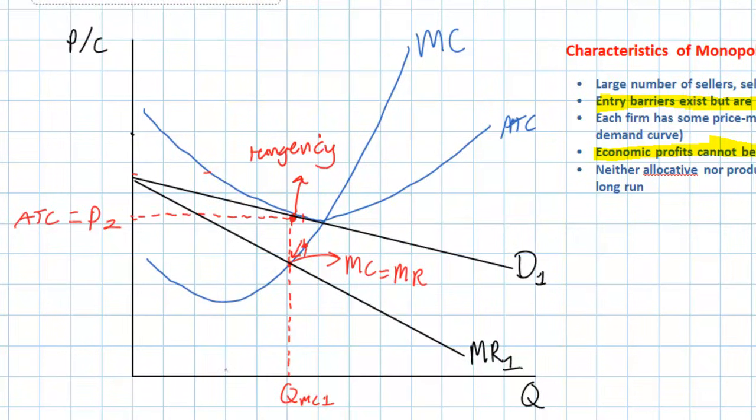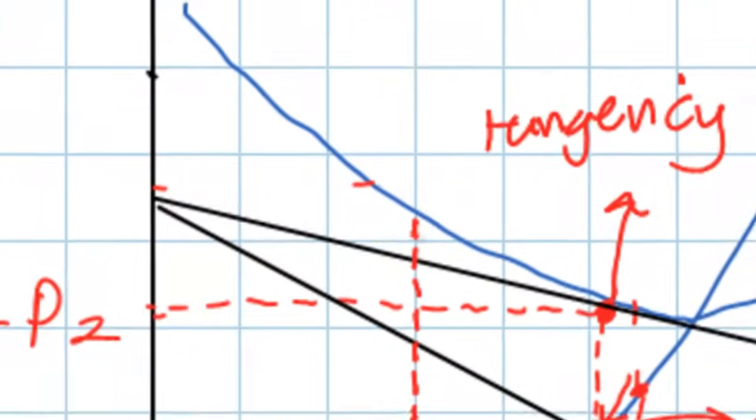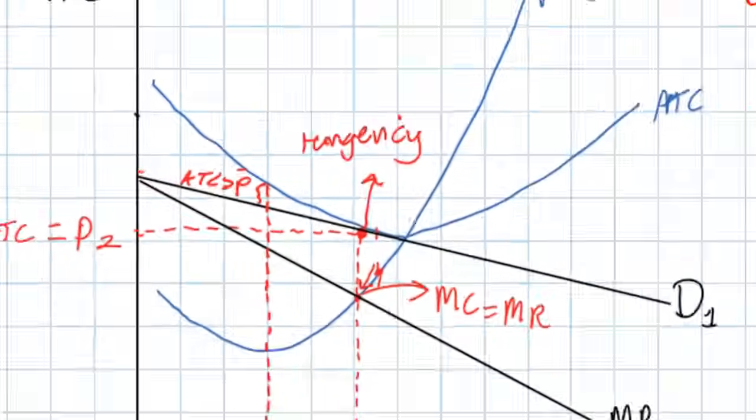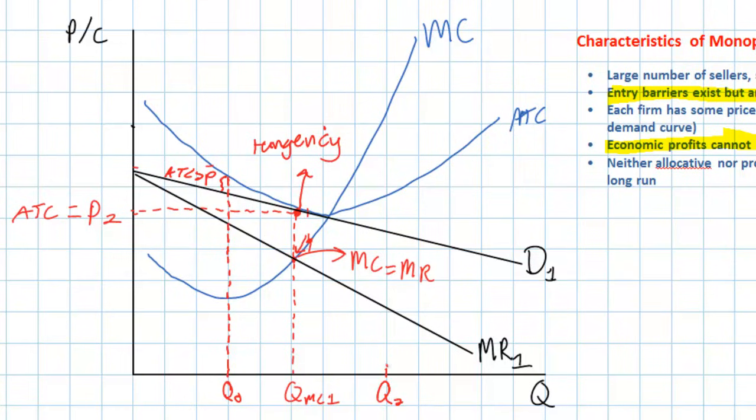If it reduces its output, let's say down here to Q0, you can see it would be earning economic losses because its ATC would be higher than the price right there. The ATC is greater than the price. If the firm increased its output to Q2, the same would be true.